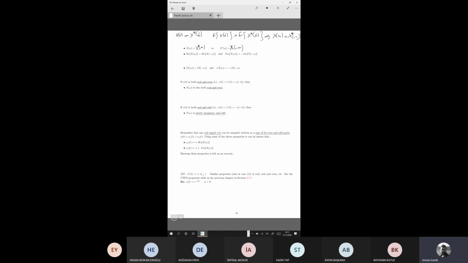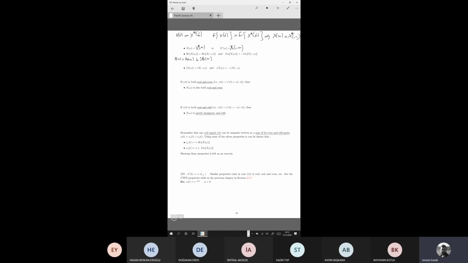So how can you show this? If X of omega is equal to X conjugate of minus omega, or if X conjugate of omega is equal to X of minus omega, then let's say X of omega has the form a of omega plus j b of omega.